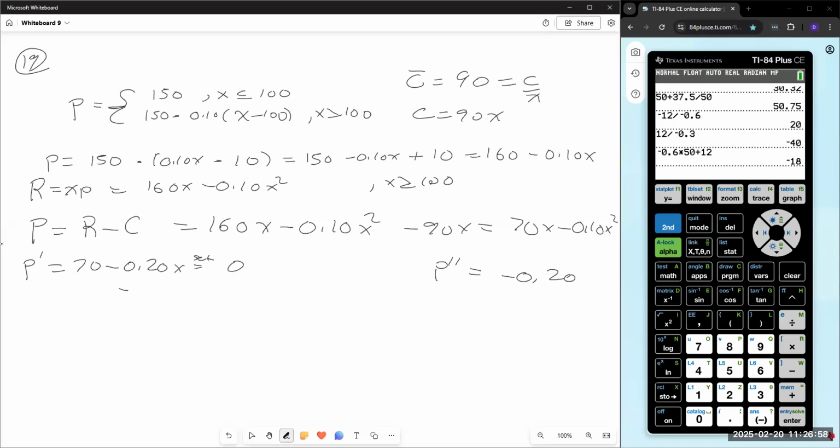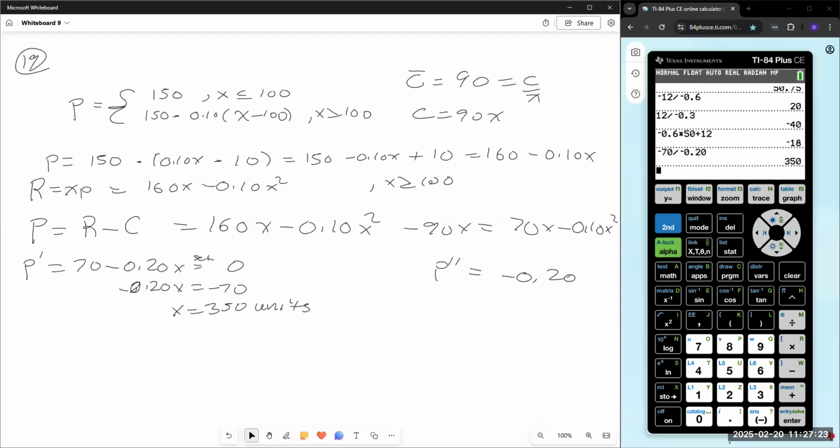Set equal to 0: negative 0.20x is equal to negative 70. Negative 70 divided by negative 0.20 is going to be x is 350 units of production.